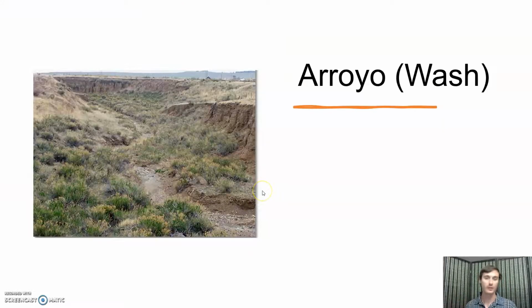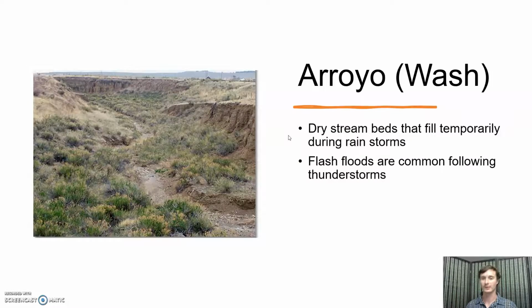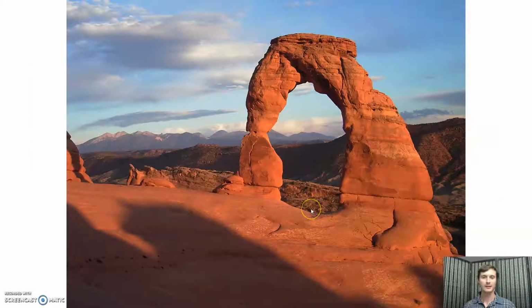And these are called arroyos or washes commonly. So these are normally dry stream beds that fill up temporarily whenever it rains, right? And whenever you have a thunderstorm, there's a huge amount of water that comes through here. It tends to be very, very damaging, tends to do a lot of erosion and weathering all at once. And here the weathering and erosion is going to be mostly due to that water whenever you have a precipitation event.